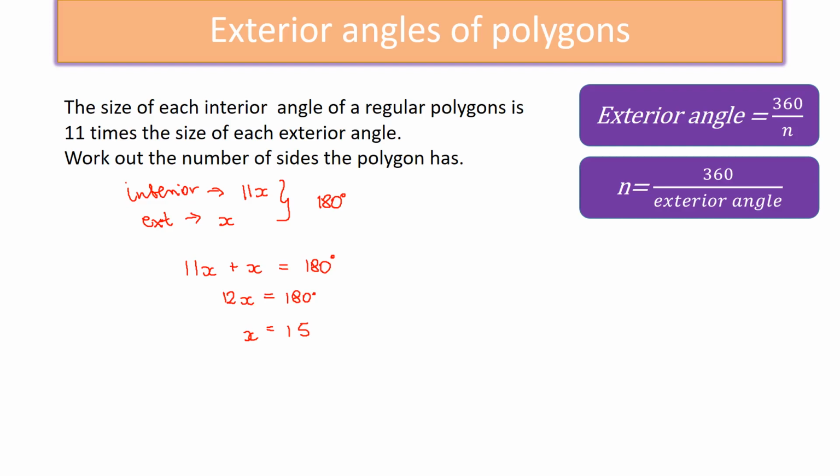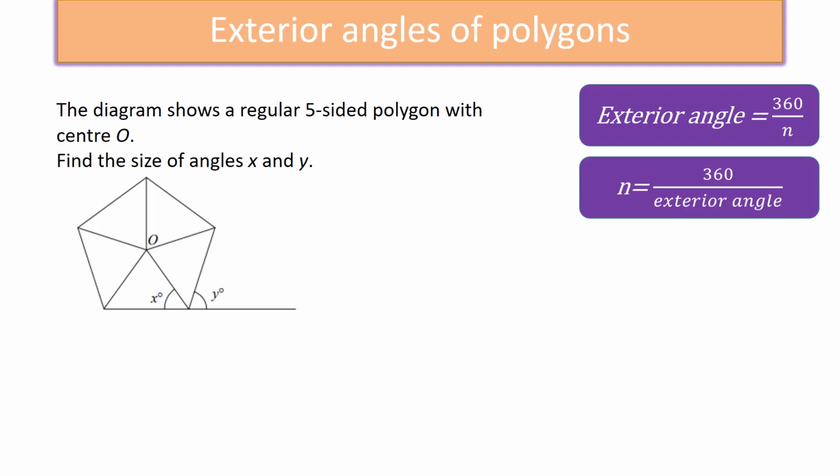I know the exterior angle is 15 degrees. So I need to now use this formula here and divide 360 by the size of the exterior angle, which gives me 24. So this shape has 24 sides.